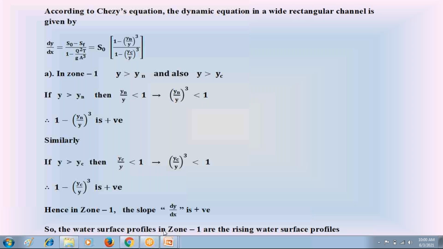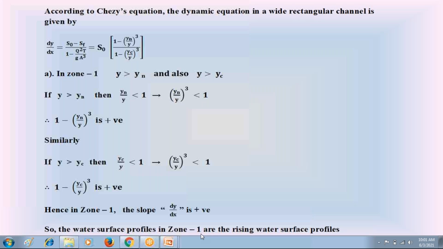So in zone 1, whatever the channel bottom slope may be, whether mild slope, steep slope, or critical slope, we have zone 1 in all those channels, and in zone 1 the slope dy by dx is positive.